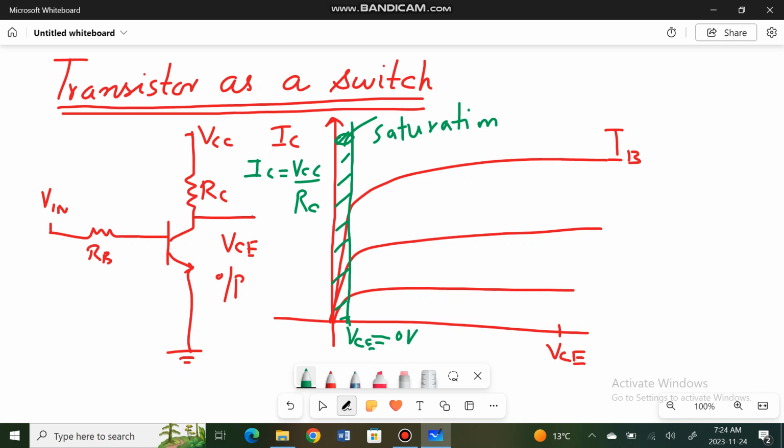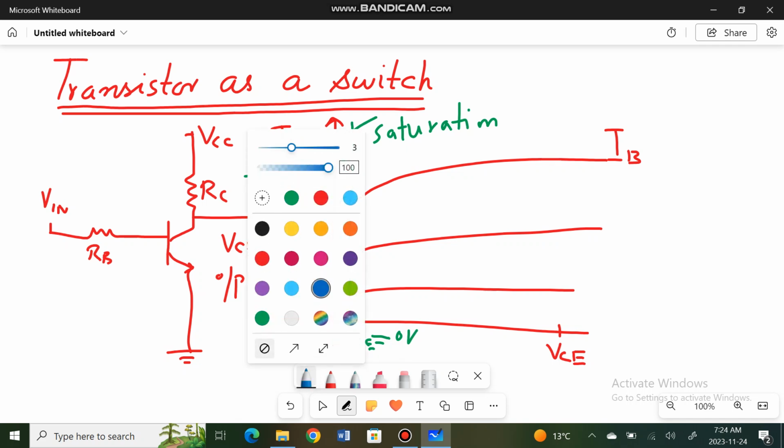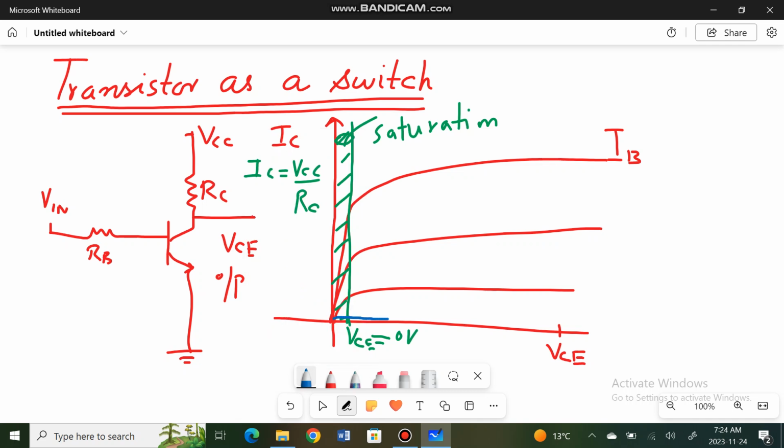The second region of operation is when IB is approximately equal to 0 ampere and only a small leakage current will flow across the IC. In that case, we say that IB is equal to 0 ampere. And from here we can see IC, which is equal to beta times IB, is also equal to 0.